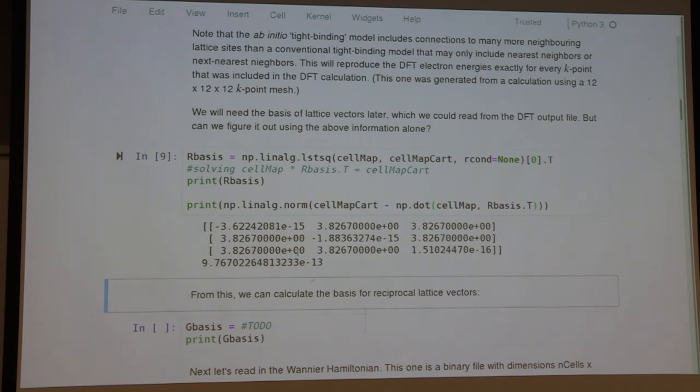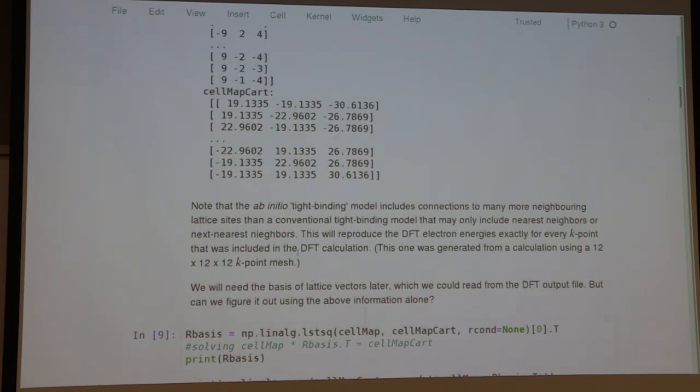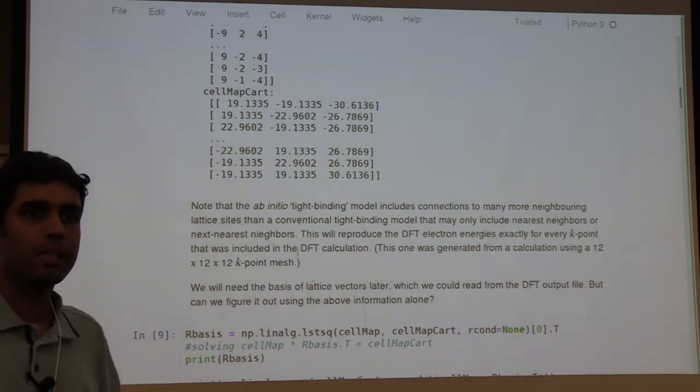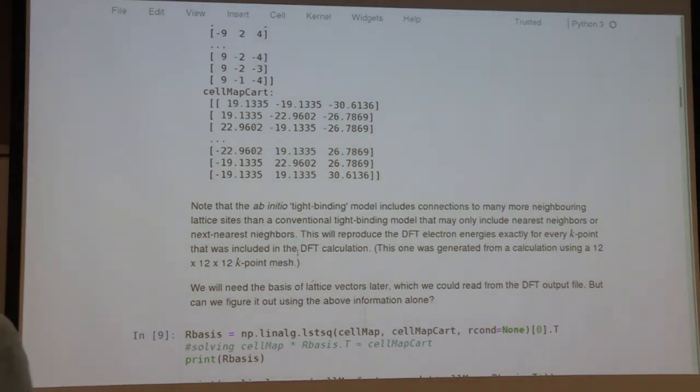Because there's of course no guarantee that for a general set like that you're going to get all the equations exactly satisfied. Okay, right. Now coming back to this, for those of you who are familiar with tight binding models, these are basically simple Hamiltonians that can reproduce your electronic structure, where you account for interactions between one lattice site and the next, the nearest neighbors and the next nearest neighbors, maybe on the order of a few tens of sites around the central point.